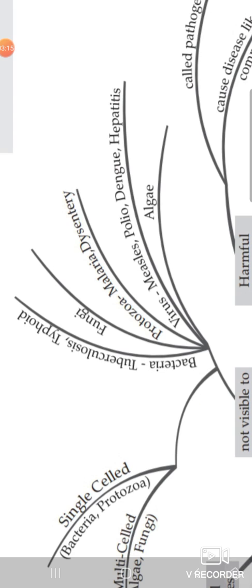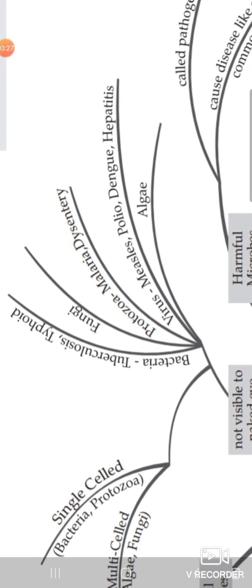Second one is fungus. Fungus also creates so many diseases. If anybody has an itching problem on the skin, or many skin problem diseases, they occur by the fungus. Okay, now the next is protozoa, malaria and dysentery. Malaria is also a very common name which you have so many times heard, dear students.